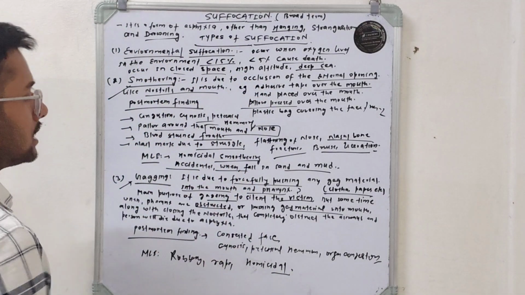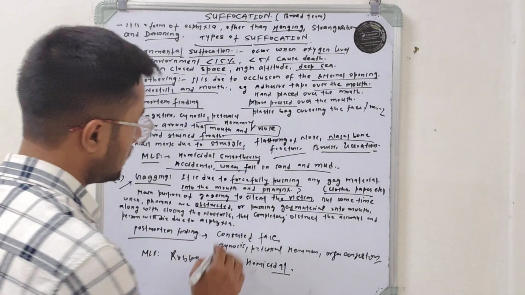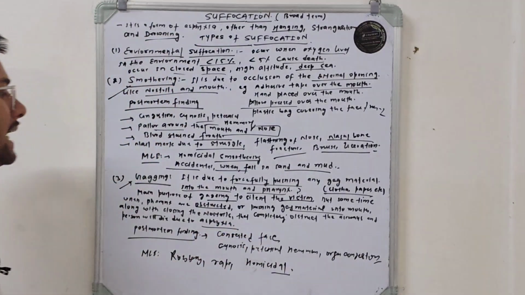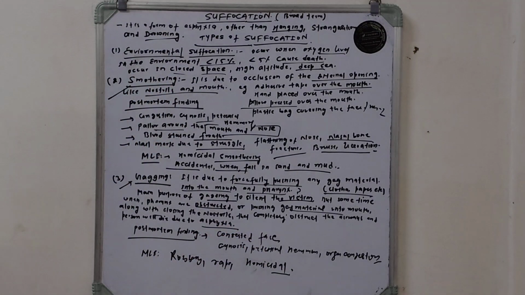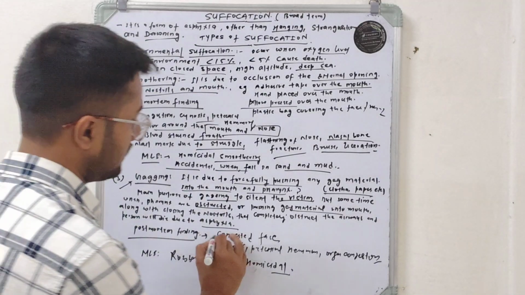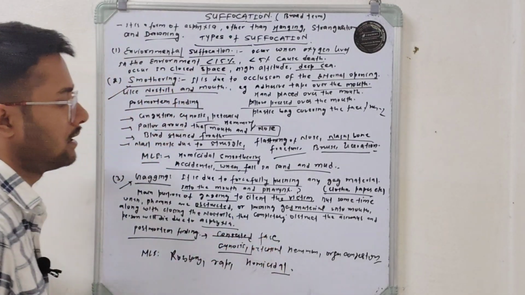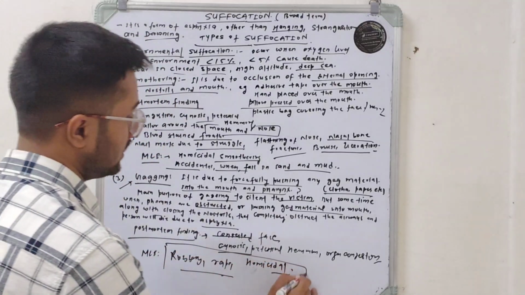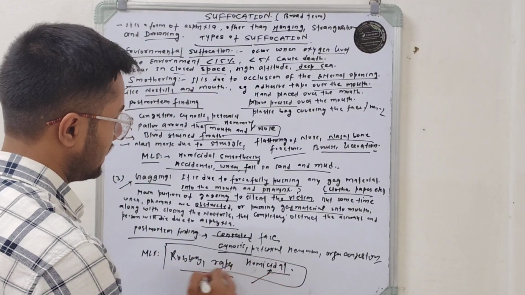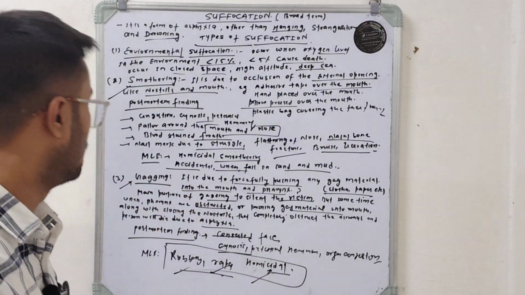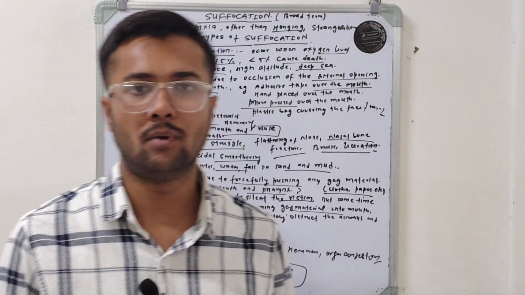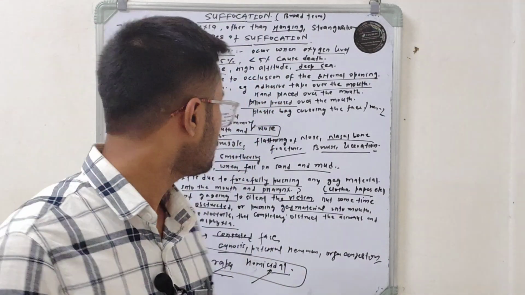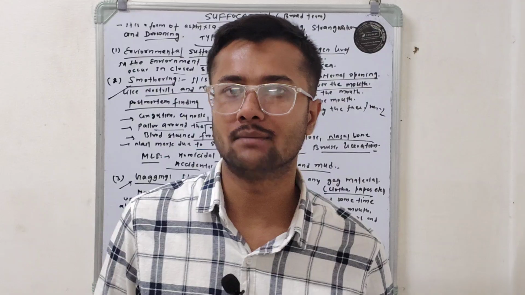If both airways get blocked, the person will die due to asphyxia. Post-mortem findings: congested face, cyanosis, petechial hemorrhage, and organ congestion. It is commonly seen in cases of homicide, rape, and robbery. Here we discussed only three types.